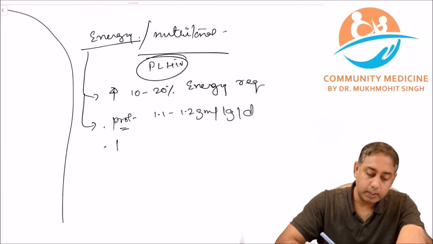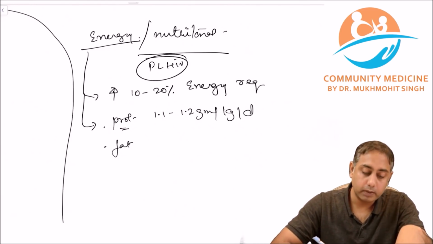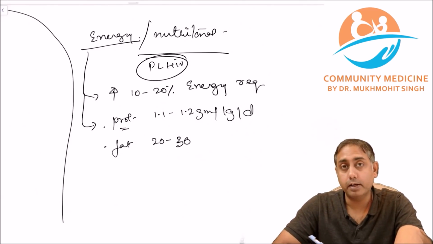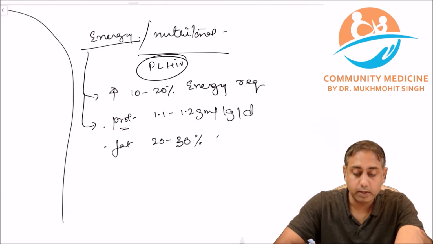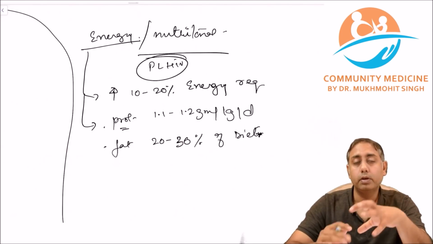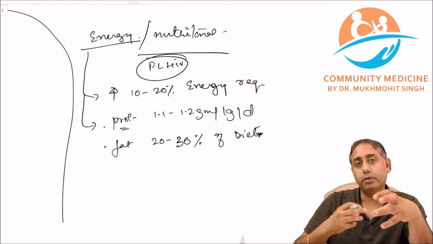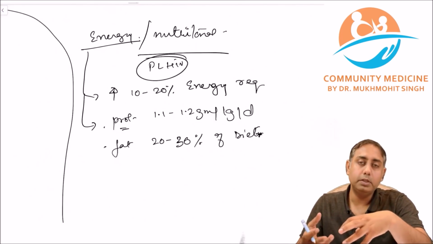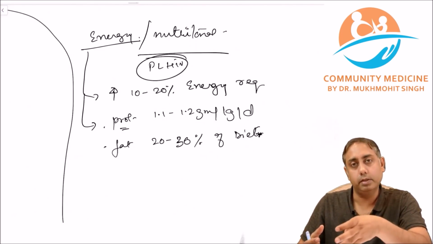Second, you can also increase the amount of fat intake. How much fat will you increase? The PL-HIVs will require fat in the range of 20 to 30% of the dietary intake they take. Of the total daily diet, 20 to 30% should be fat. For you and me, in all the non-HIV cases, the general population, it's 10 to 30%.